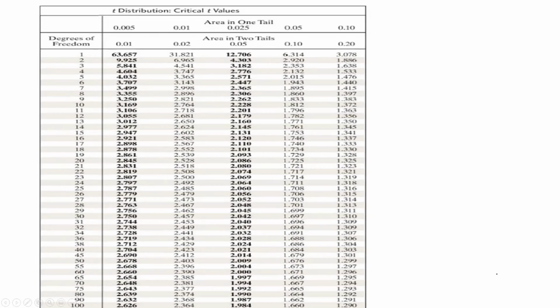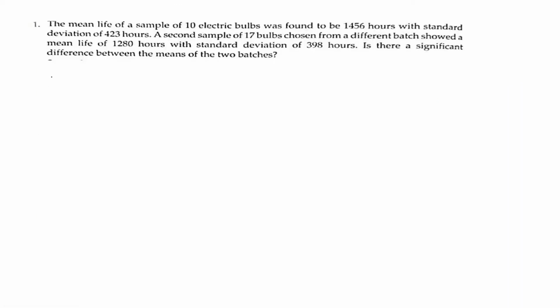So at 5%, we have to check the area in 2 times 5% and 25 degrees of freedom. So the value is 2.06. Therefore, the critical t value is 2.06. Now we have step 3.